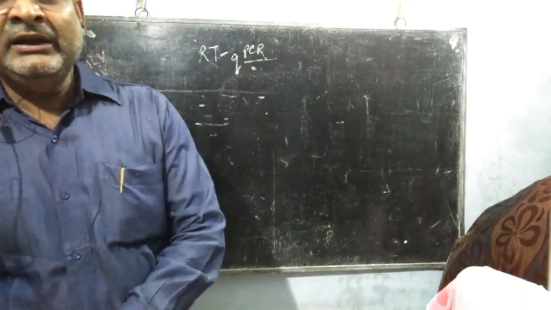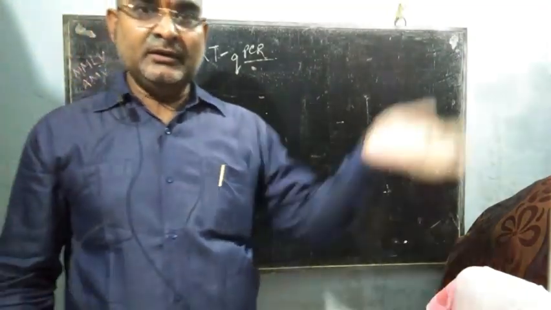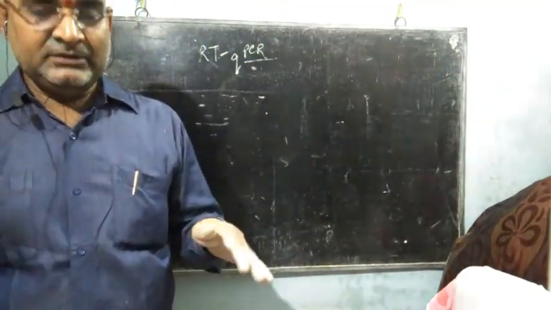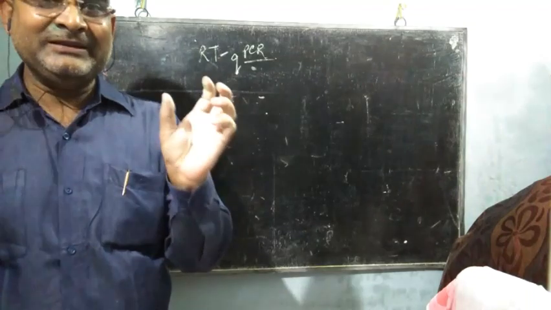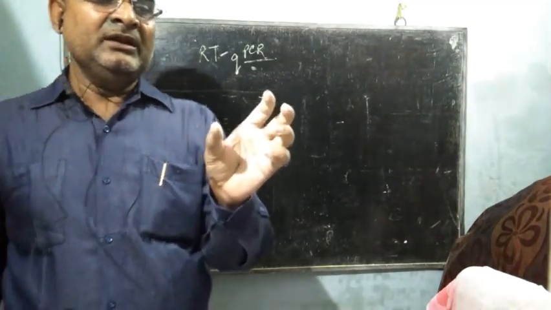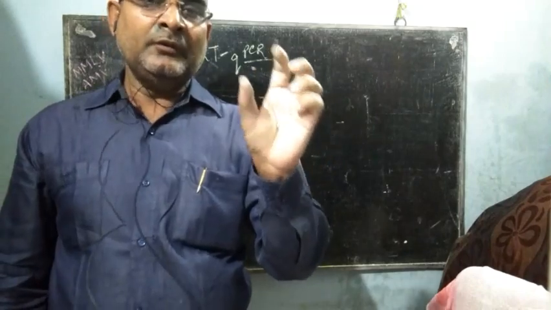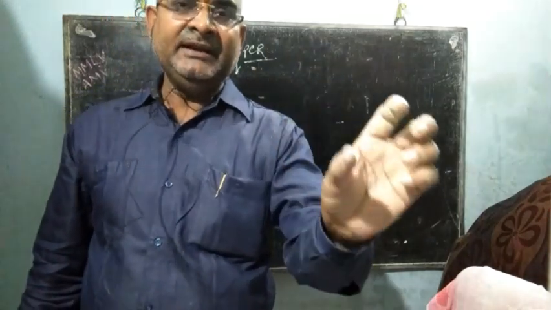So, if we want to study the complete sequence of the DNA, then it is very difficult to analyze the specific sequence which is responsible for the formation of a particular polypeptide chain.